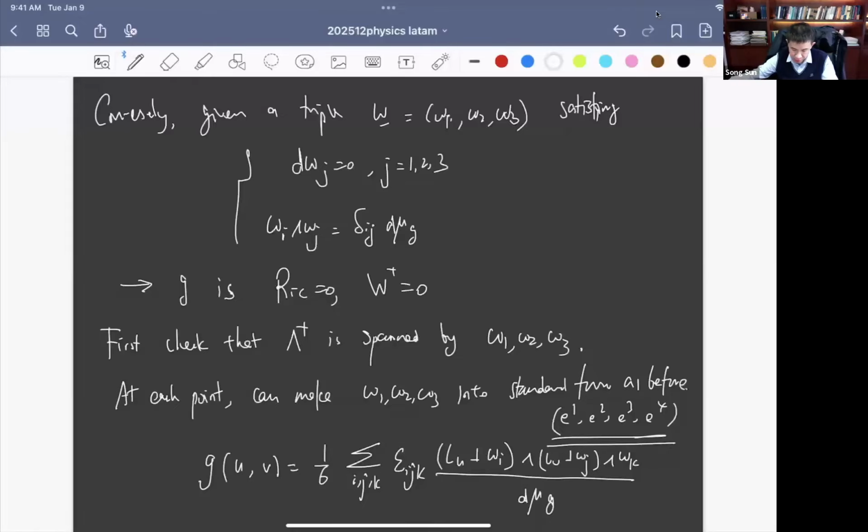If you're given omega 1, omega 2, omega 3, if you're given this triple, we can write down a metric G in this form, and this G will agree with your remaining metric G. So in some sense, let's see, omega 1.